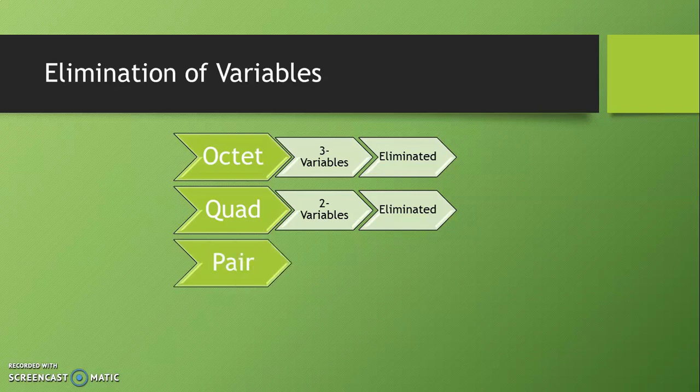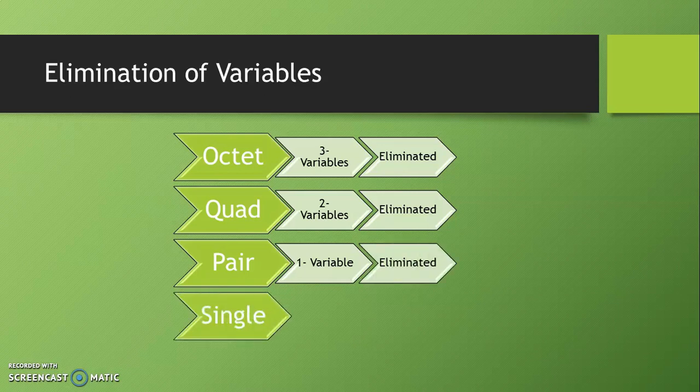In case of a pair, 1 variable is eliminated. And in case of a single, if we have to select a group of single ones, we have to do it, but then no variables are eliminated. This way we can do the grouping and eliminate a number of variables to simplify the K-map.